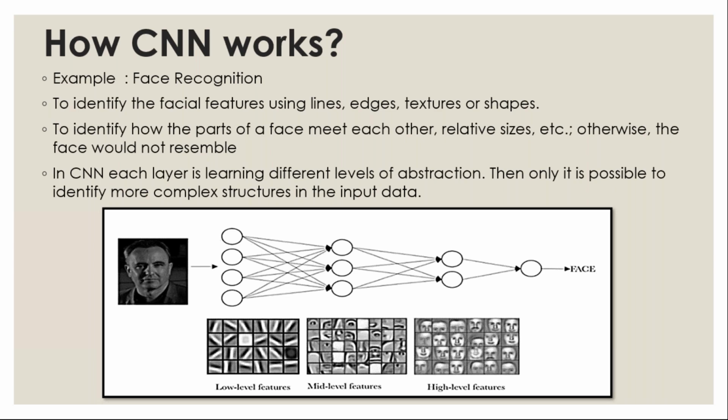See here, the picture shows the shape of the eye, nose and everything. That is in another hidden layer. So what type of operation does the first hidden layer perform? It performs low level operations. And what operation does your second hidden layer perform here? It extracts the mid level features.